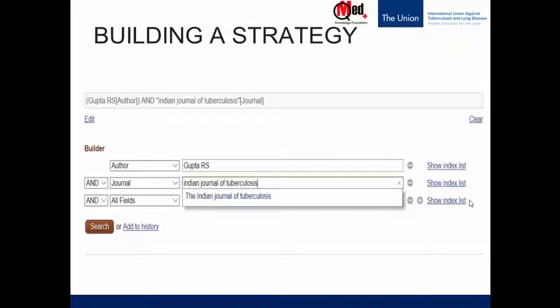In the second box, I chose journal, and as I typed Indian Journal of Tuberculosis, again, you can see that I got the auto suggest. I could just select that. Once I'm done, I can click search and run the search.